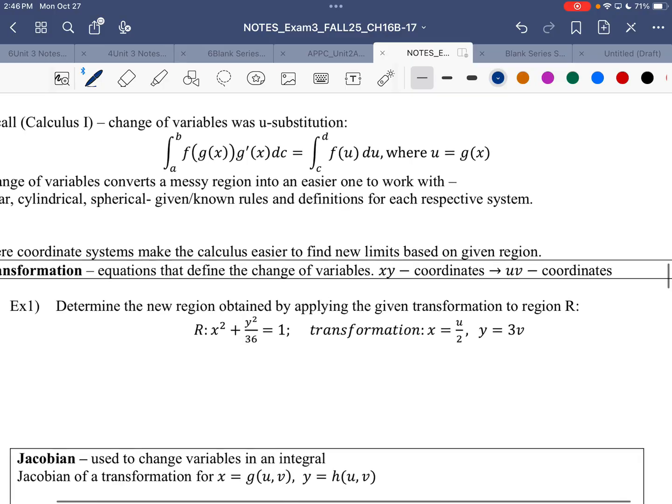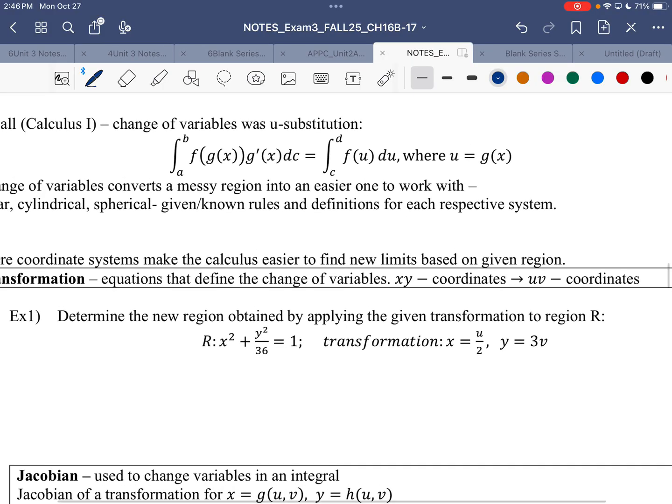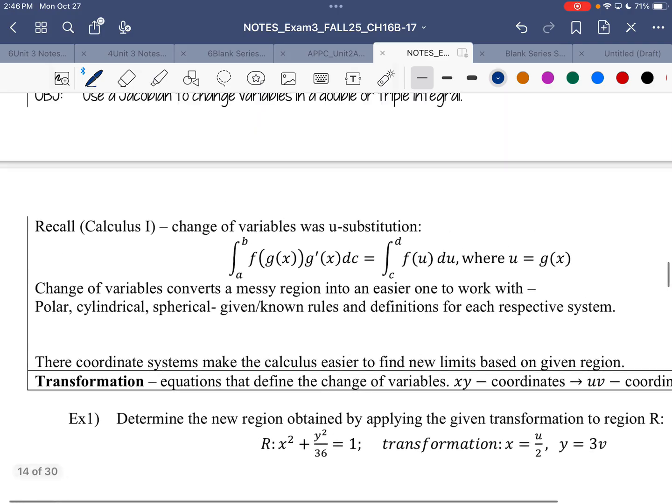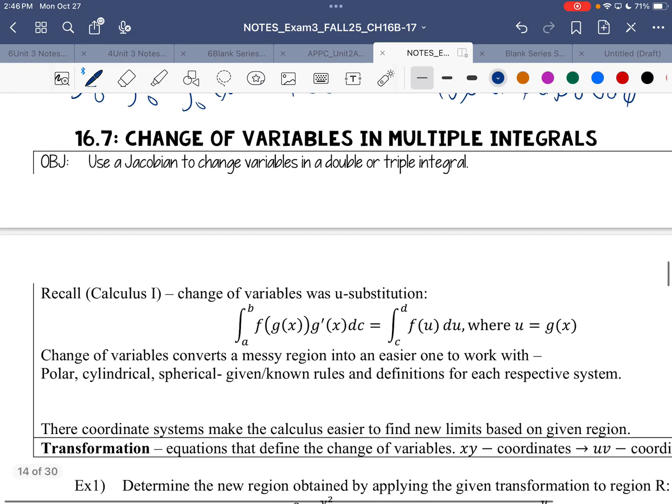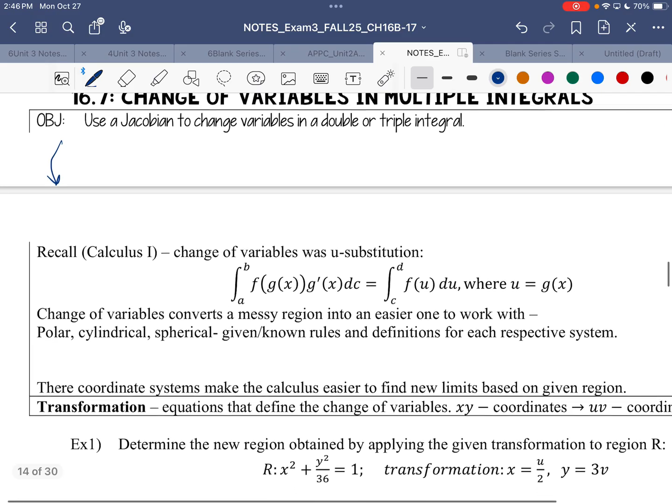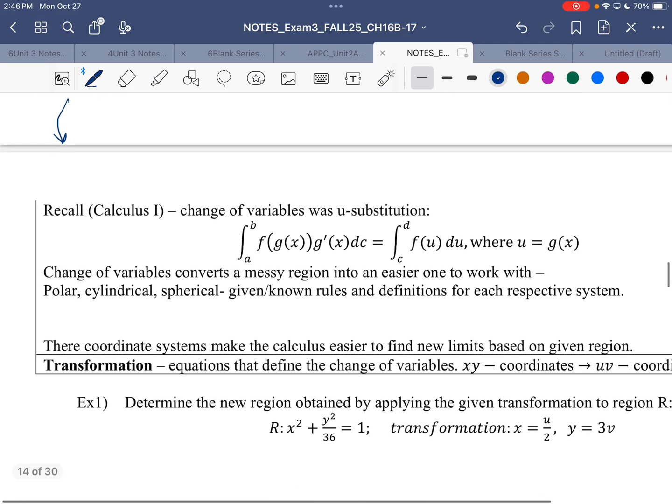All right, let's do some transformations. So transformations, this is 16.7, it's just on the wrong page. Changing variables sometimes converts a messy region into an easier one.